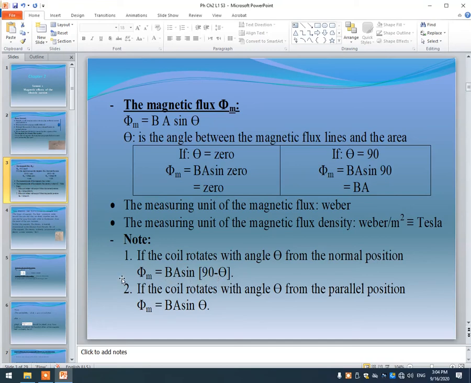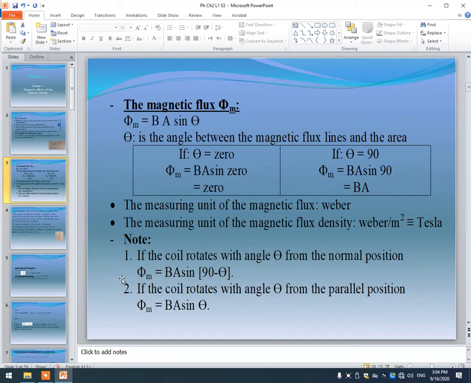But if the problem said that the coil rotates by angle theta from the parallel location, this means phi m equals AB sine theta itself, because it was parallel. This means the angle was 0.